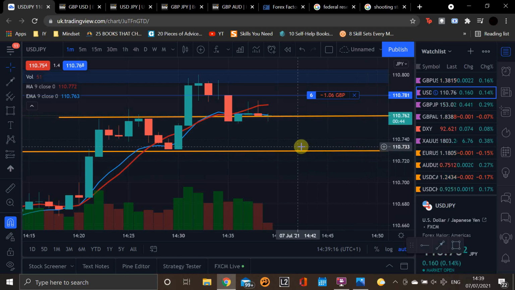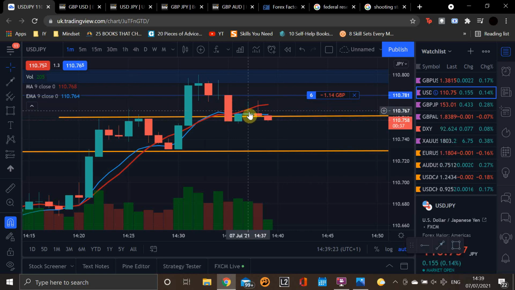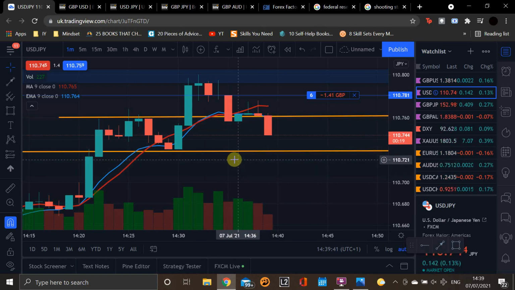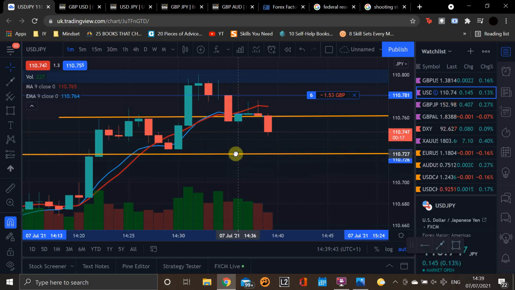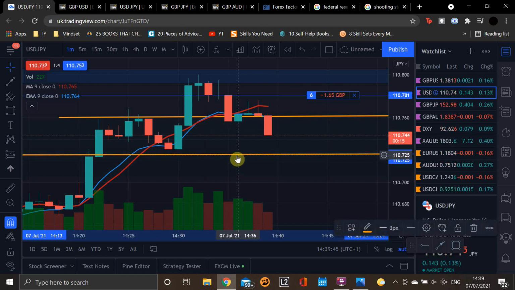Look, doji is going on. Tell me why it would break below and it has dojis at this area. I could be on the wrong side of the trade, but that's my bias. My bias is that it's going to go up. I don't believe it's going to go down. If it goes down, I'll take my loss right here, just below the area. If it touches this area, then I'll close my trade.